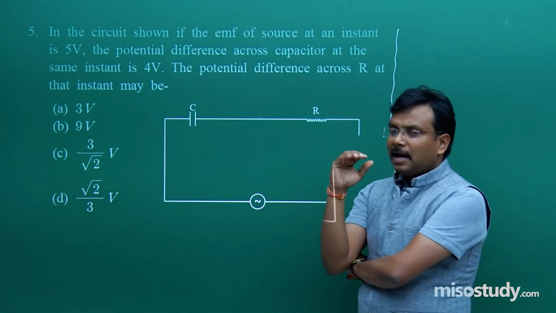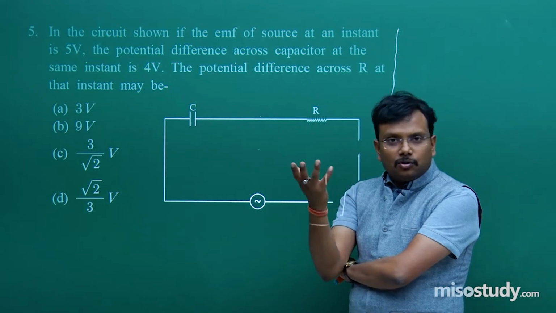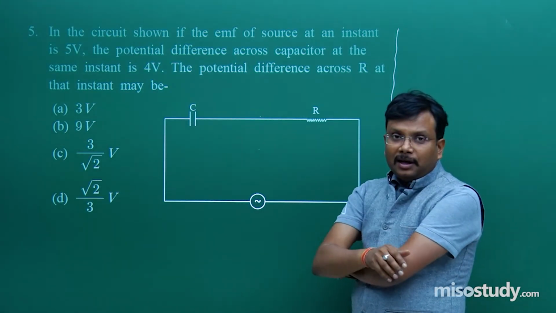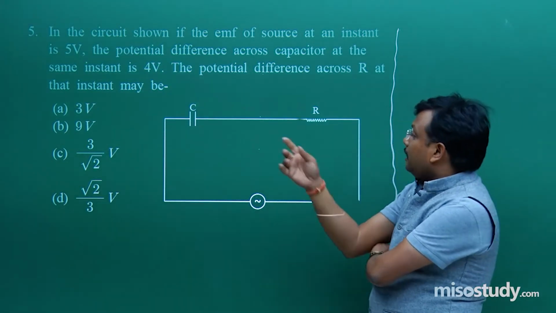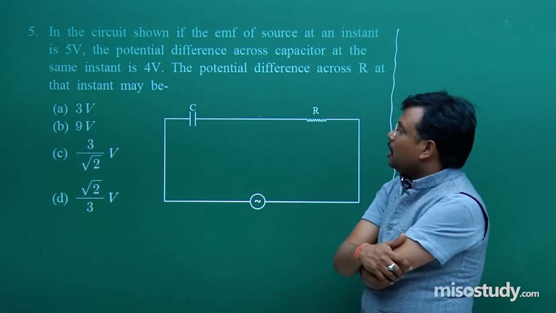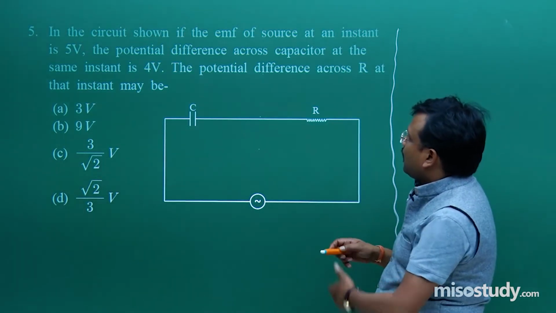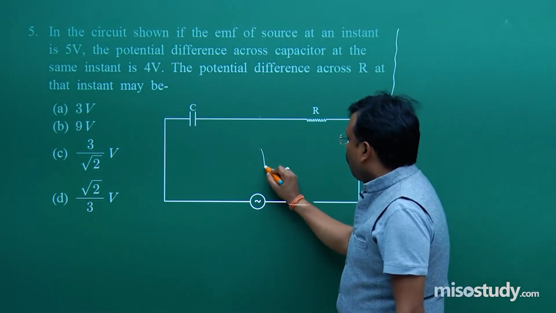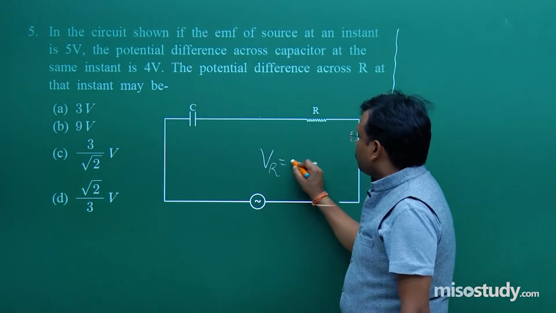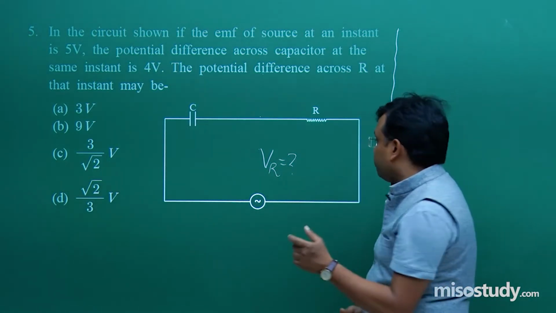Is there any type of phase difference between voltage and current? No. But with only a capacitor, phase difference is there, and if a resistor is connected, then some phase difference is possible. So the potential difference across R at that instant will be VR equal to this much. That is our target that we have to find out.